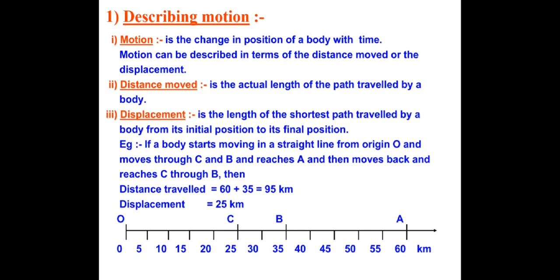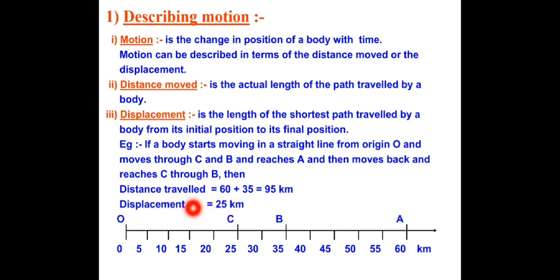With a small example, here you can get a proper idea about it. Example is given: if a body starts moving in a straight line from origin O and moves through C and B, reaches A and then moves back and reaches C through B, then distance travelled is 60 plus 35 is equal to 95 kilometer and displacement is 25 kilometer.